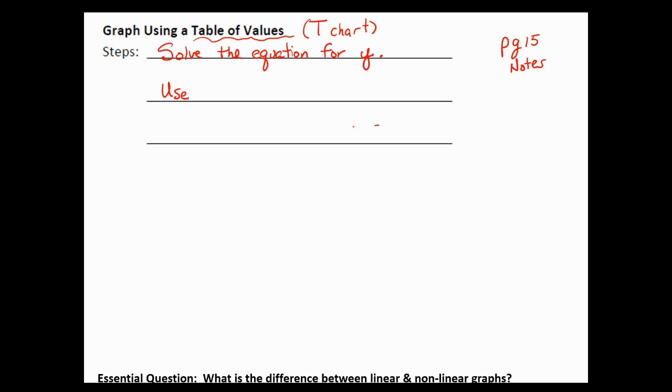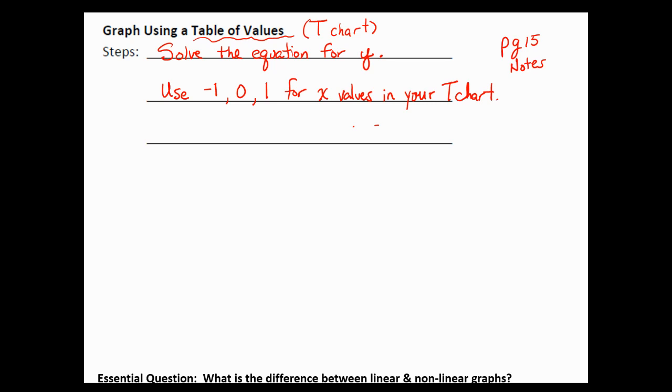One of the easiest numbers to pick for your T-chart is -1, 0, and 1 for the x values in your T-chart. Now you can use any number you want at all. So if you're taking some kind of test for college entry, just remember, just try any number.